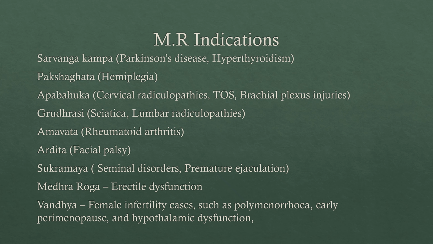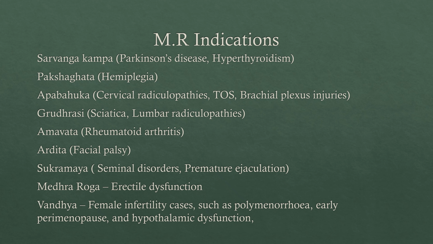In Pakshaghata, we can indicate hemiplegia. In Apabahuka, cervical radiculopathies, TOS (thoracic outlet syndrome), and brachial plexus injuries can all be correlated.